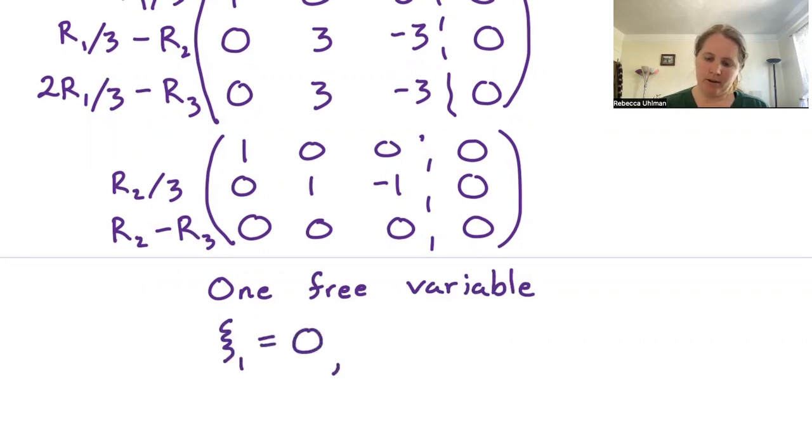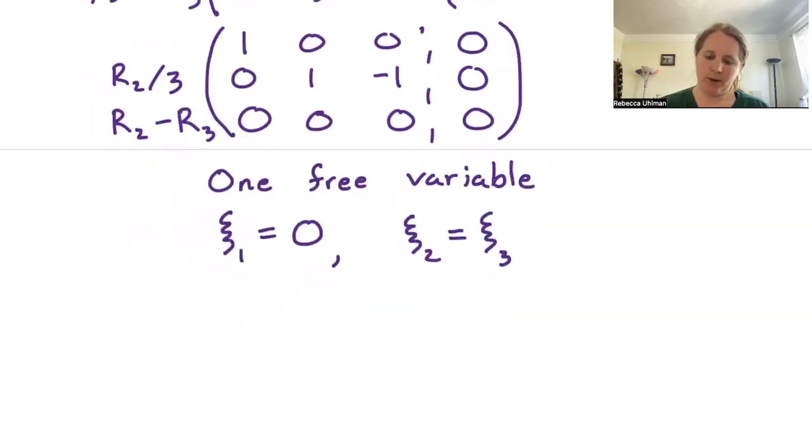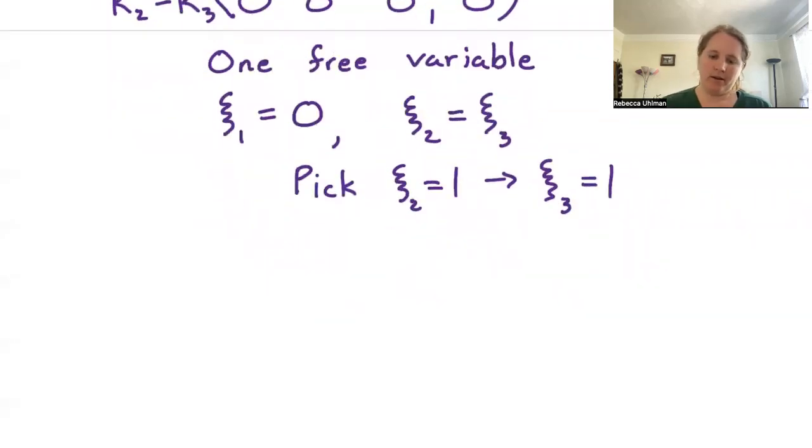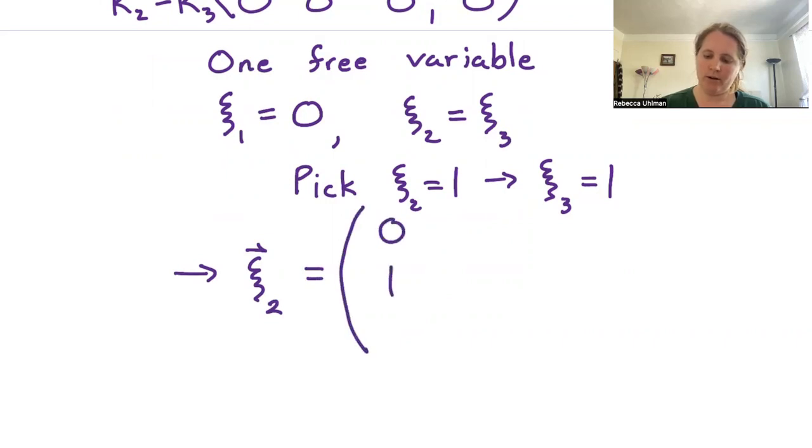And we have that xi2 should be equal to xi3. So we might as well pick xi2 to be equal to 1. We have that xi3 is also 1. And so our vector xi2 can be chosen to be the vector 0, 1, 1.